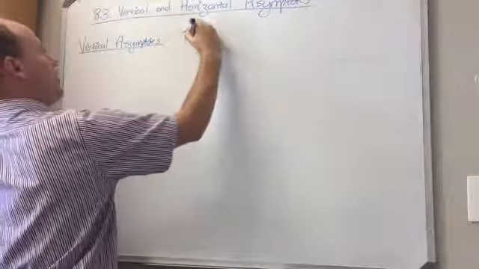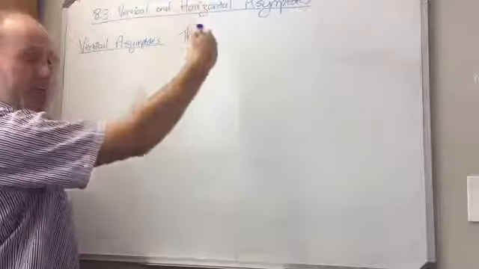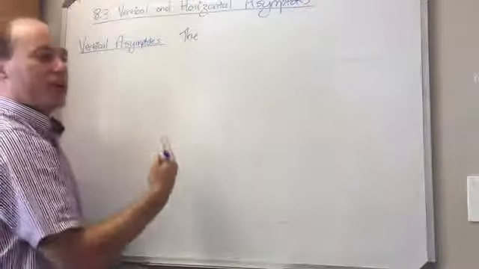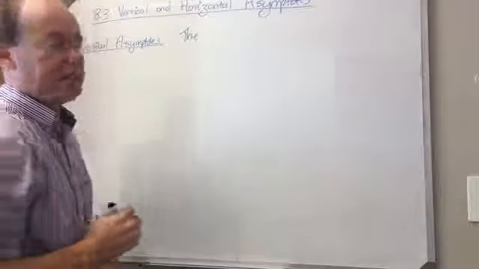Okay, so a vertical asymptote is a vertical line in your graph where the graph tends towards plus or minus infinity.